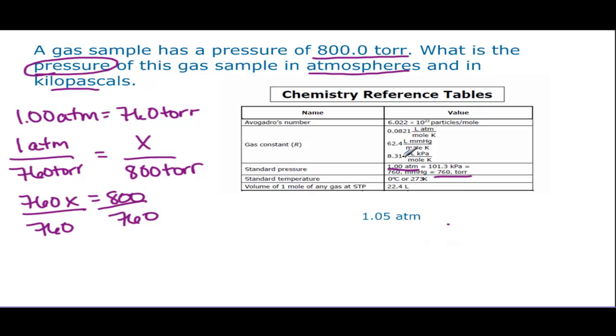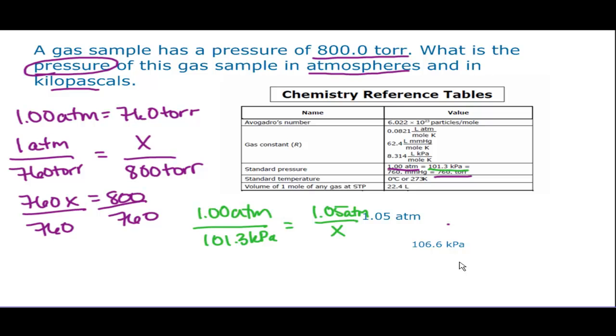So if I look up here, I see 1 ATM equals 101.3 kilopascals. Then I can do 1 ATM over 101.3 kPa equals 1.05 ATM over x. And then I can cross multiply here, and I'm going to get 106 kilopascals.